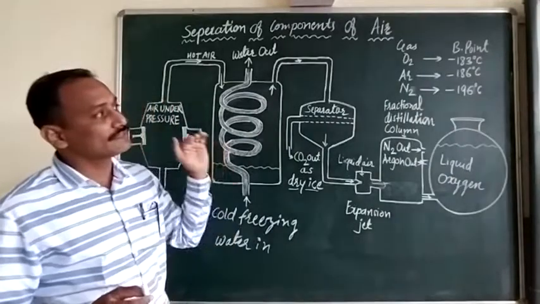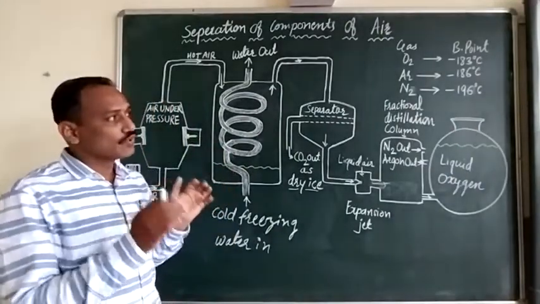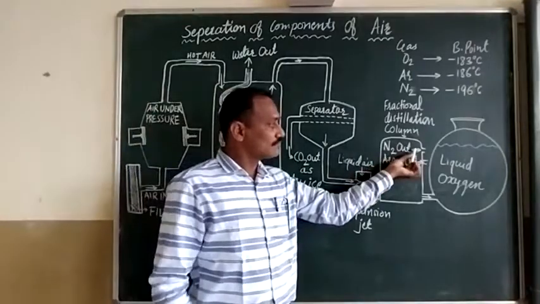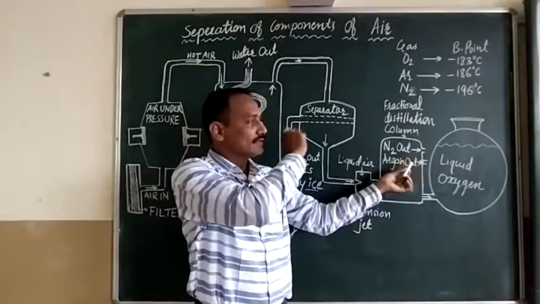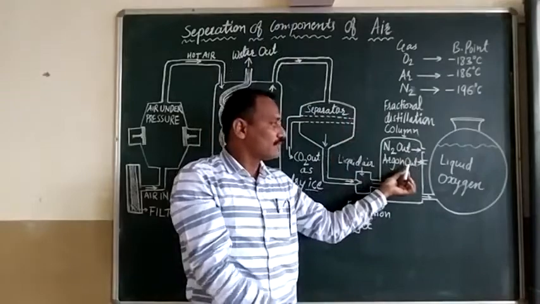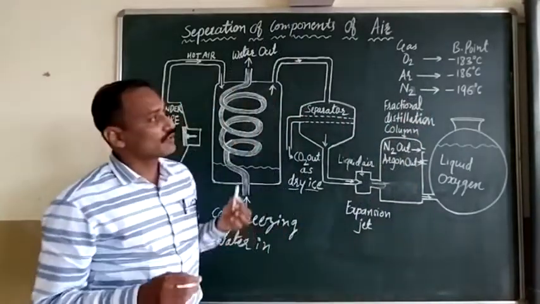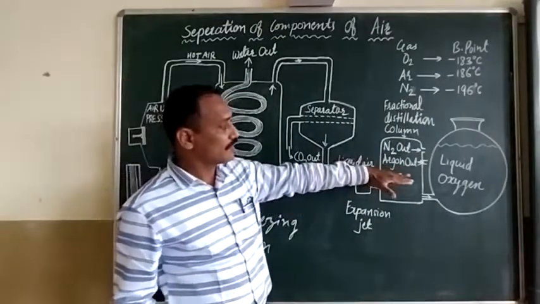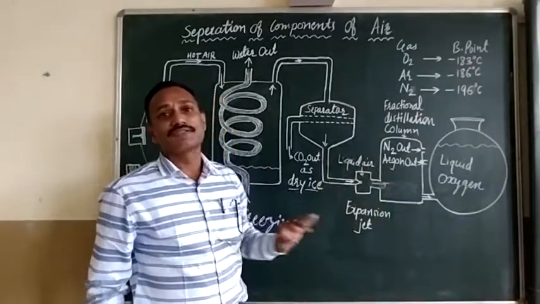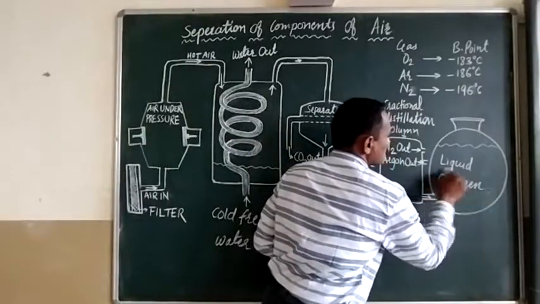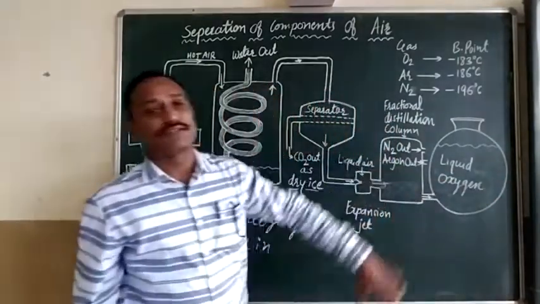So minus 196 is the smallest value here. So first nitrogen separates out at a higher level in the fractional distillation column, followed by argon with minus 186 boiling point, and at this point oxygen still remains in liquid state, and liquid oxygen is passed to the next container.